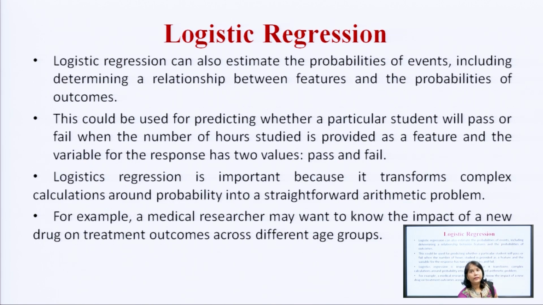In detail, logistic regression can also estimate the probability of events, including determining a relationship between several features, and the probability of the outcome depends on this relationship. It could be used for predicting whether a particular student will pass or fail, on the basis of the number of hours studied.